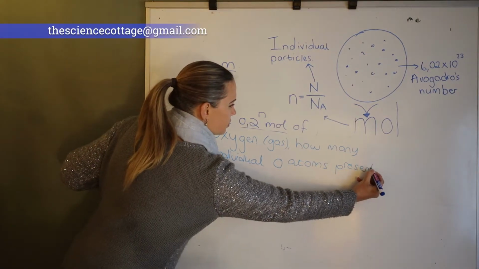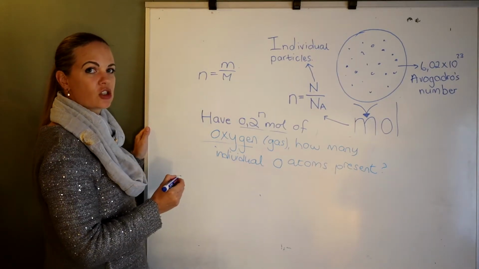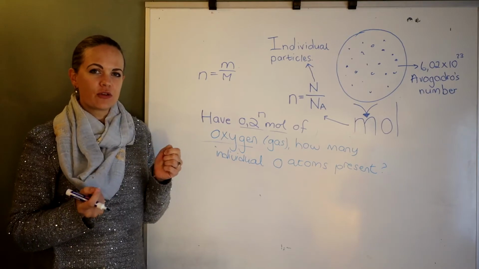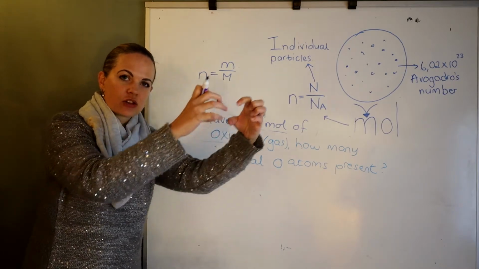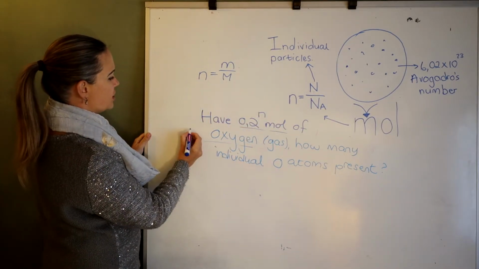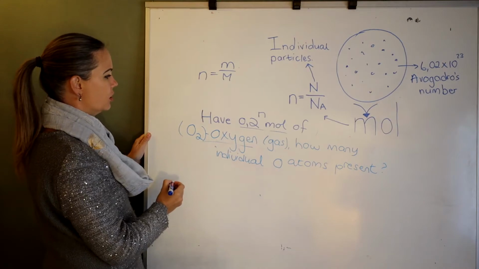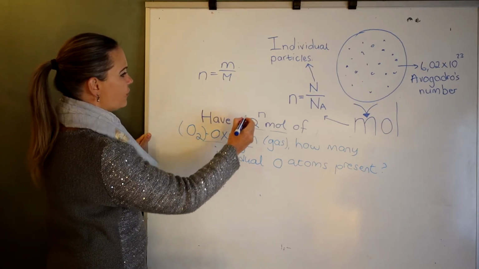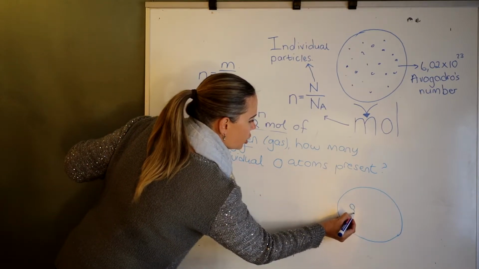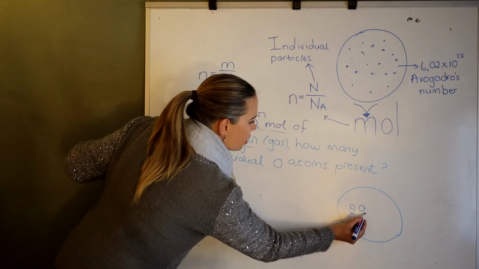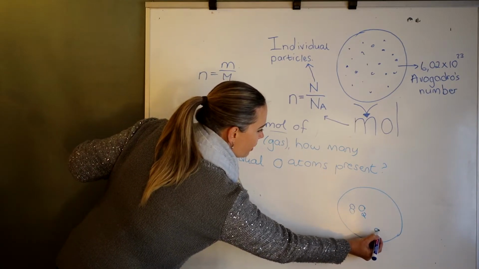Okay, so first of all, we know that oxygen is one of the diatomic elements. So in its elemental form, in its pure form, it will always be two oxygen atoms bound together in a molecule. So oxygen's formula will be O2. And that means that for every one oxygen molecule, two atoms of oxygen will be bound together.